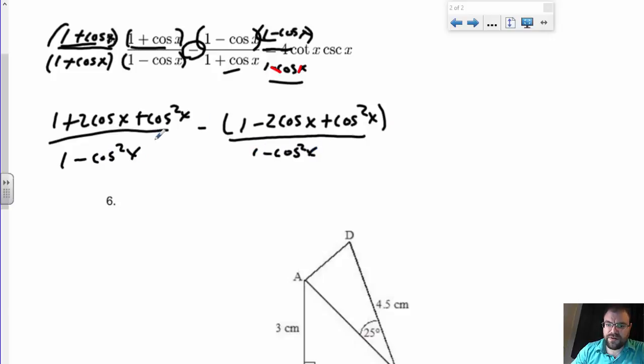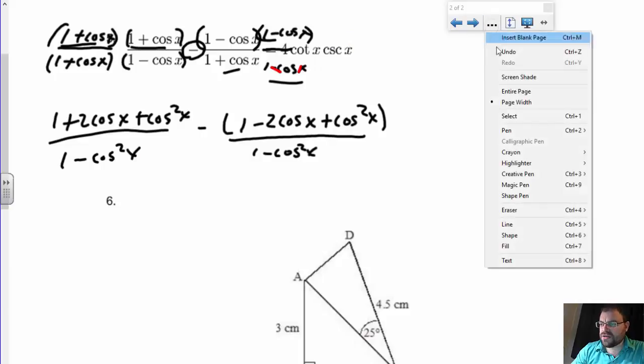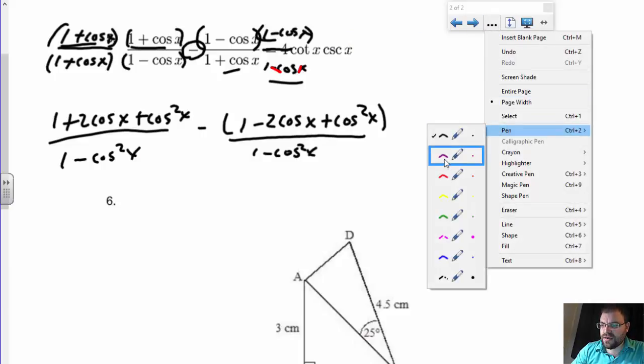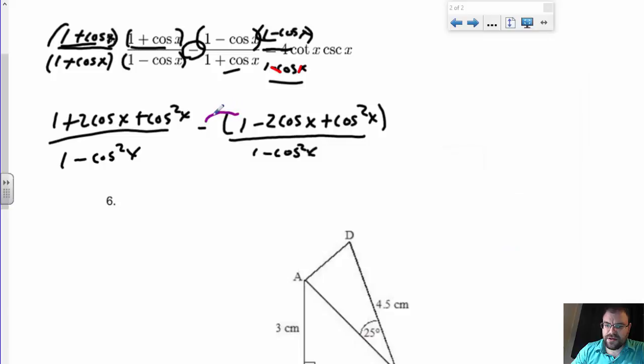So we have a common denominator now, which was the whole idea. I'm actually going to go ahead now and take this negative sign and distribute it. It's really important that you do this part, because if you don't, it's going to mess everything up. So negative times 1 is negative 1. Negative times negative 2, of course, is positive 2, and then the cosine of x. And negative times cosine is negative cosine squared, right? This right here. So we're just going to go ahead and add instead of trying to subtract all that.